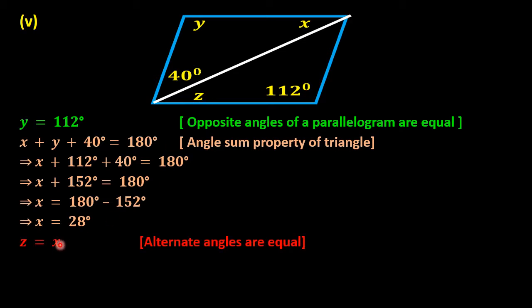So z equals x because they are the alternate angles and they must be equal. Whatever is the value for x, the same will be the value for z. The value for x is 28 degree, so the value for z is also 28 degree. So we have got x equals 28 degree, y equals 112 degree, z equals 28 degree.